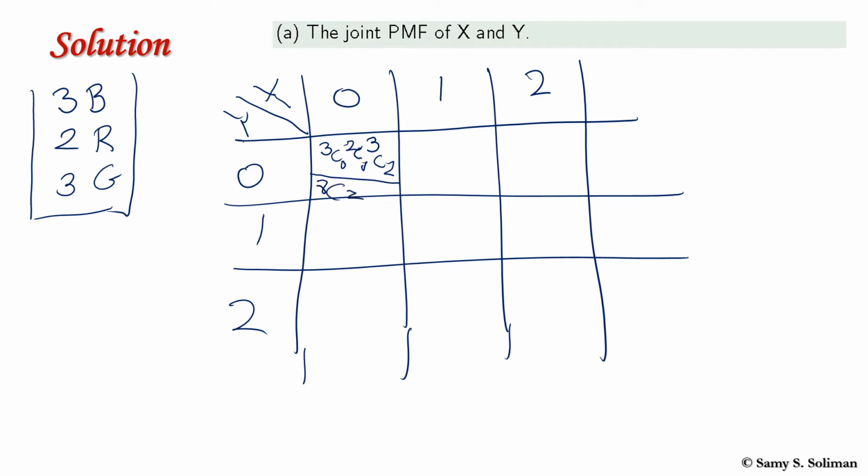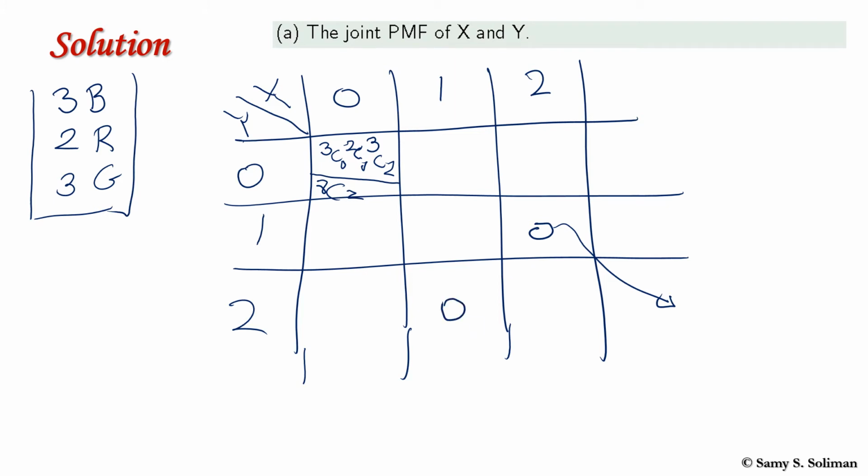Similarly, let's calculate one more together. What is the probability of this cell? This cell is the probability of selecting 2 blue balls and 1 red ball. Of course, we can't have overall 3 balls in a sample of 2 balls, so this probability is equal to 0.